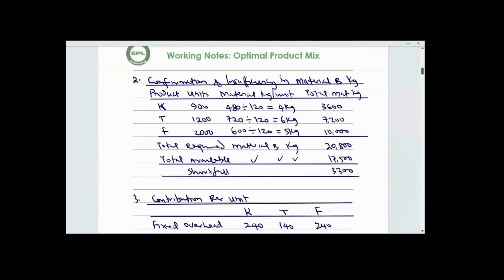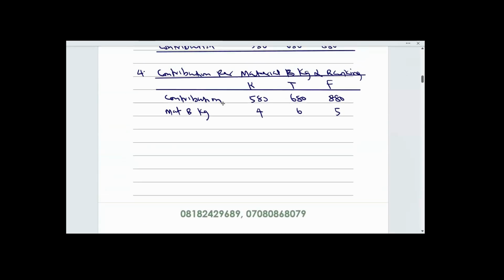Let me confirm. Yes, 465 for KTF. Then I need to determine contribution per material B kilogram. Let me shorten it because of space. Let's say this is A, this is B, then A divided by B.